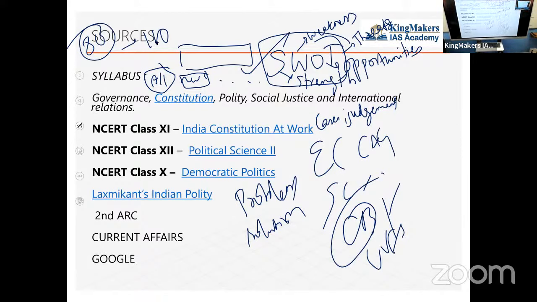Something very important you forgot: before amendments it will be acts and bills. You should quote them. Then I will not stop here: schemes.